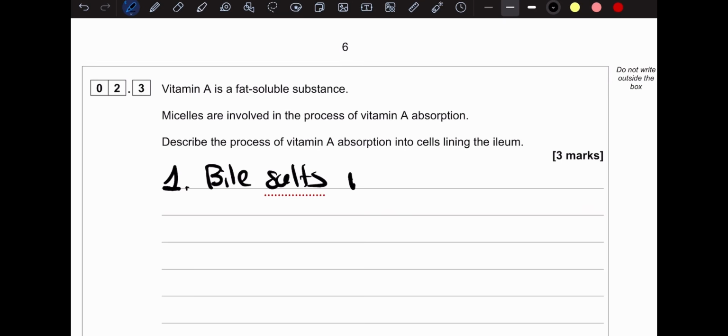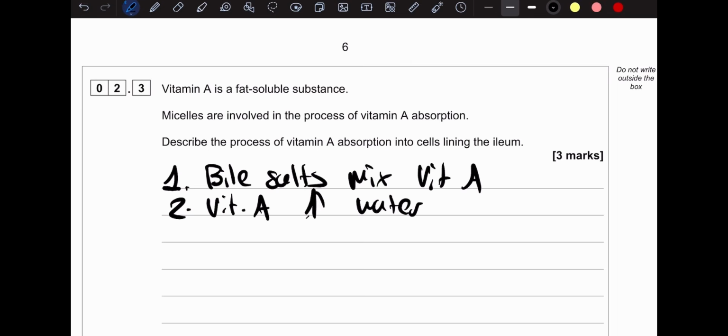What bile salts do is they essentially mix with vitamin A, and the effect of this is vitamin A becomes more water soluble. The theory behind how it becomes water soluble is basically the bile salts are emulsifying the fat. This forms micelles, which are like tiny droplets, and they're essentially keeping the vitamin A dissolved in the intestinal contents, okay?